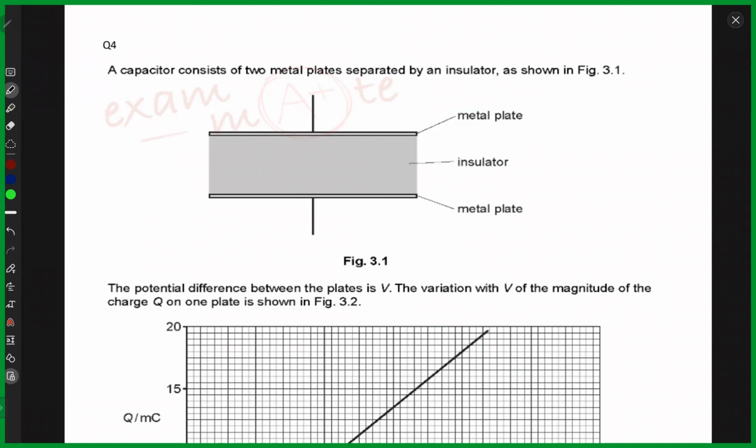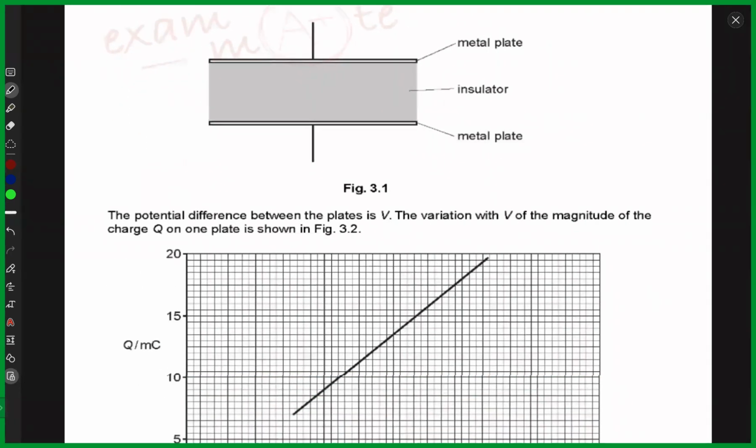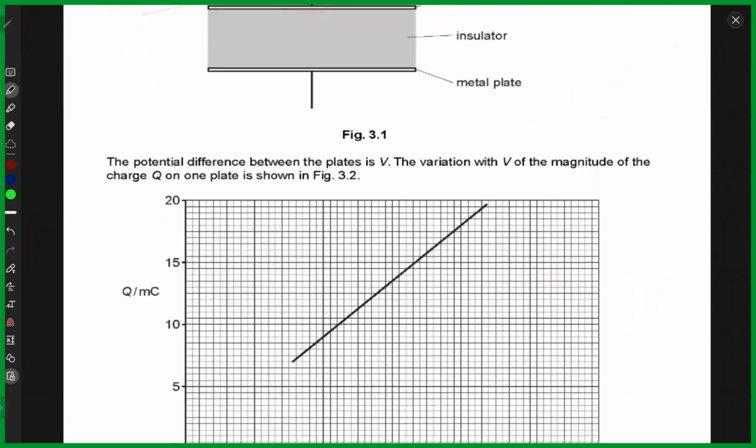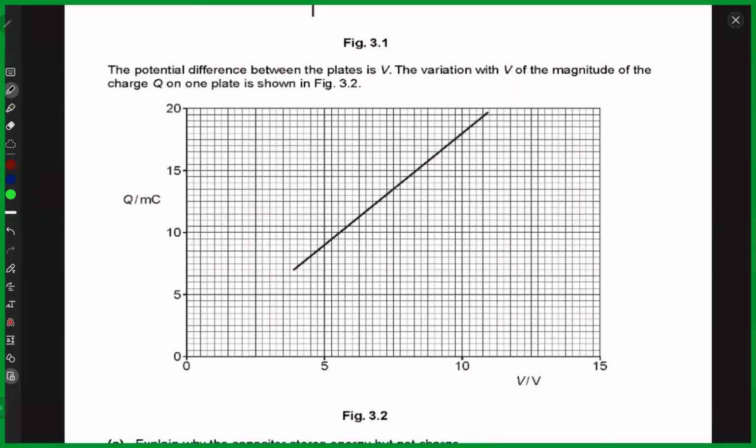So it could be air or any other insulating material. The potential difference between the plates is V. The variation with V is shown according to the charge. Here we have charge, and note that this is in millicoulombs, so that's into 10 raised to power minus 3. And here we have volts, which does not have any prefix next to it.